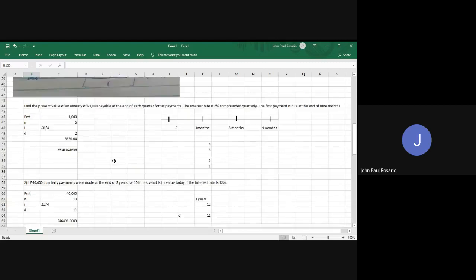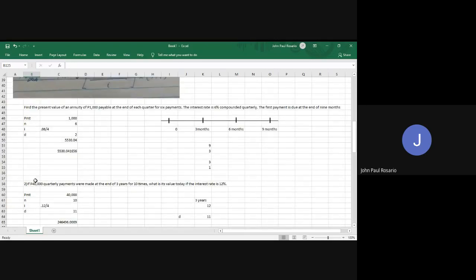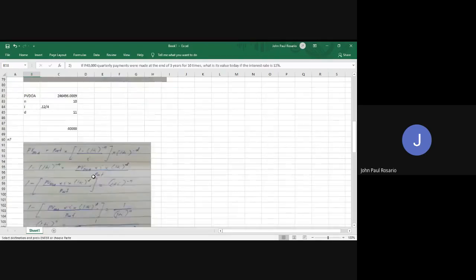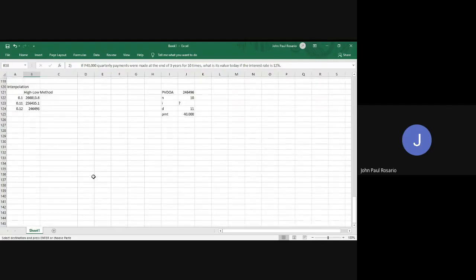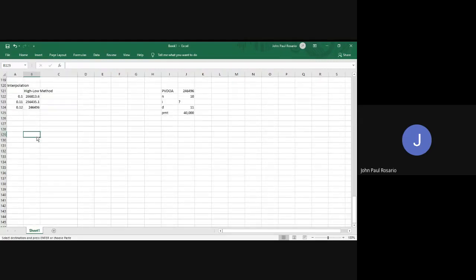But I want to give an example, guys, wherein our interest rate is in between whole numbers. So assuming the same 10 years, the present value is 12.4. Okay? So what is its present value?